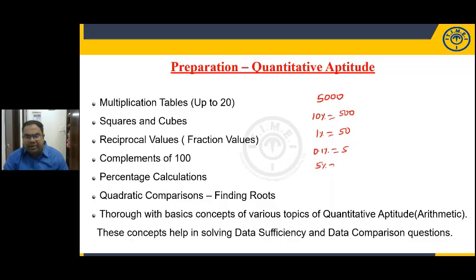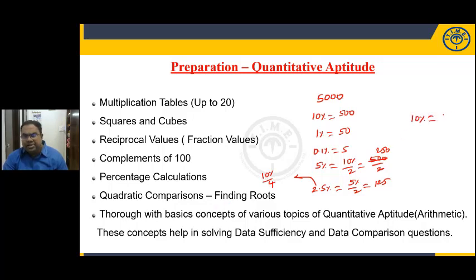If I ask you 5%, how will you get it? Half of 10%, half of 500, 250. 2.5% is half of 5%, so half of 250, 125. 2.5% can also be written as 1/4 of 10%.